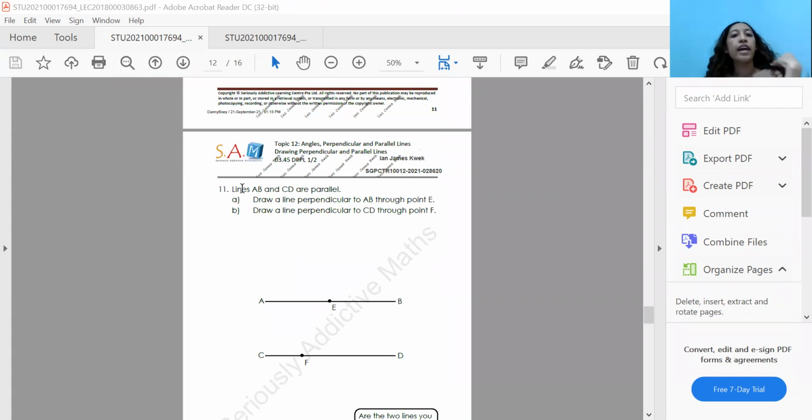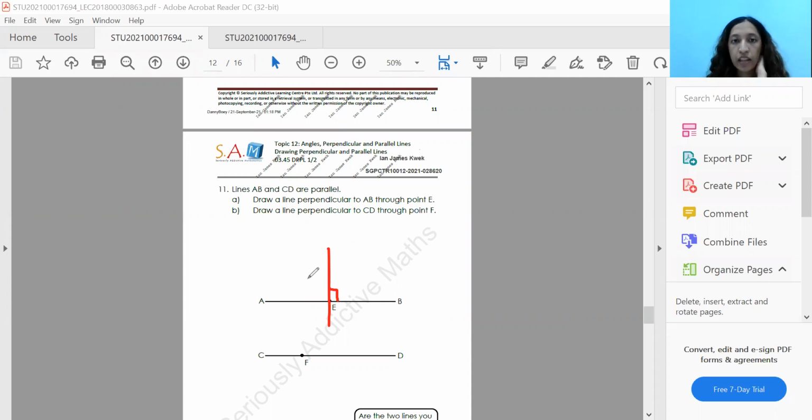Okay. Lines AB and CD are parallel. Okay, draw a line perpendicular to AB through point E. Okay, very straightforward. Okay, there we go. Perpendicular, right?